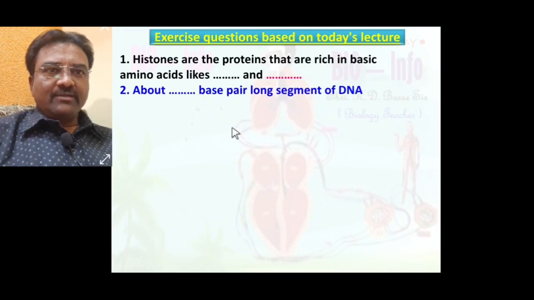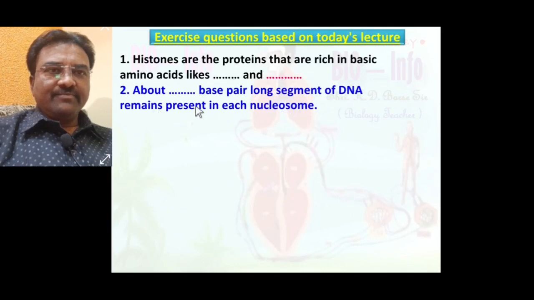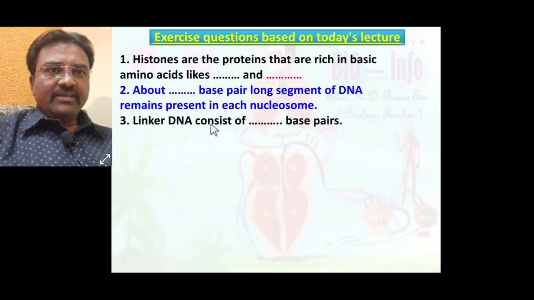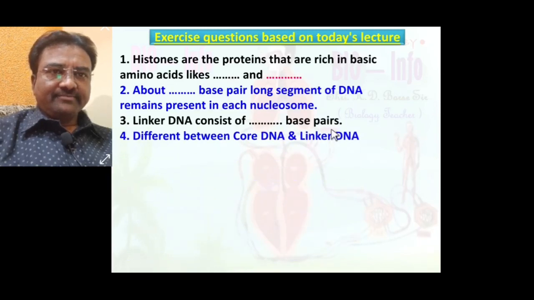About dash dash base pair long segment of DNA is present in each nucleosome: 146 base pair long DNA. Linker DNA consists of dash dash base pairs: 54 base pairs.